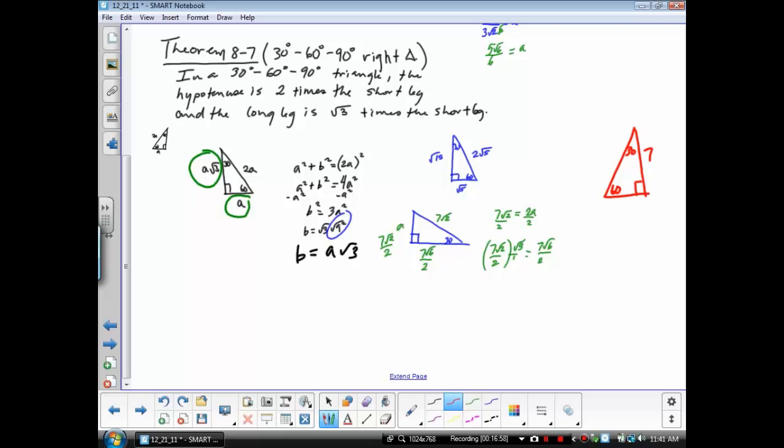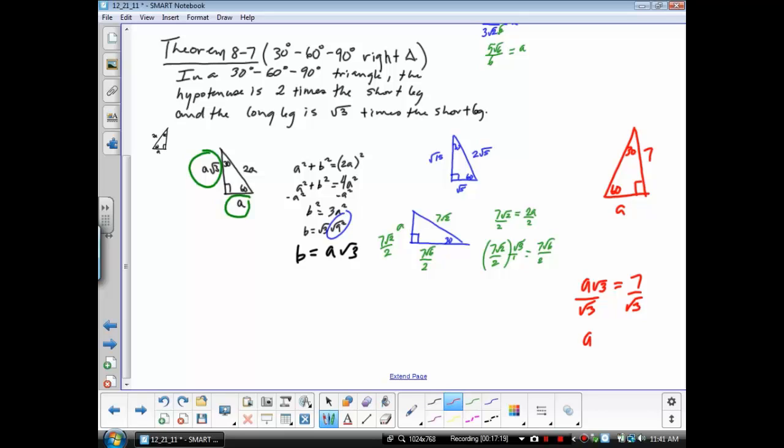I know that if the short leg is a, then the long leg is a root 3. So I know that a root 3 equals 7. I want to find a. So using algebra, divide by root 3.